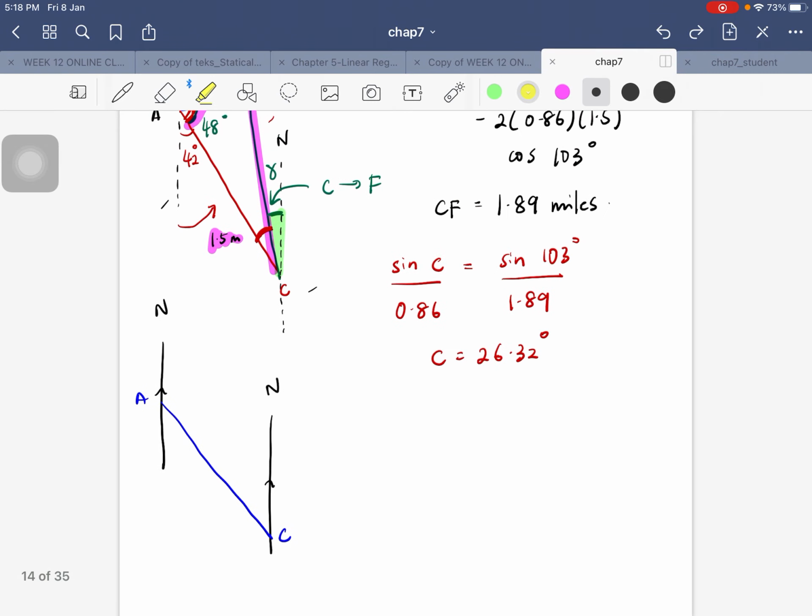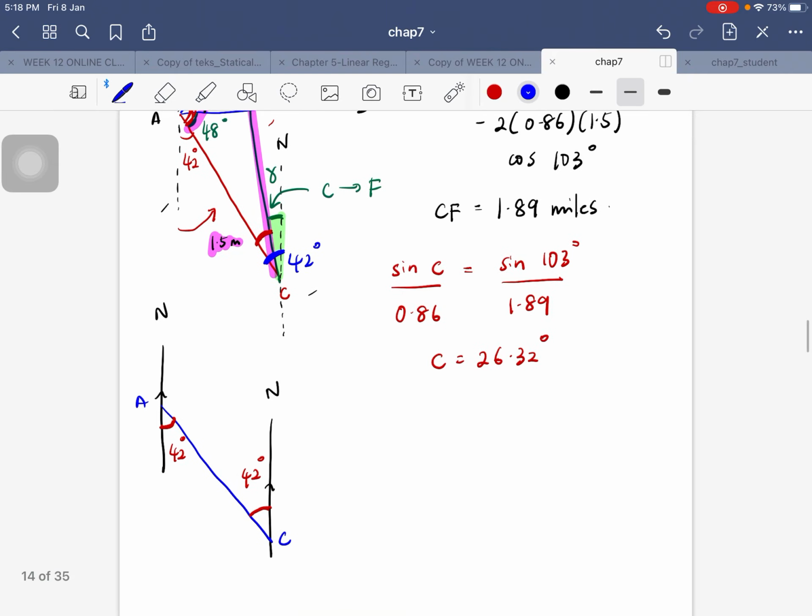Okay, and what we know is that the angle over here is going to be 42 degrees, and according to the rule of parallel lines, when this is 42 degrees over here, this is also going to be 42 degrees. So what I know is that both of these angles, when I add them up together, is going to be 42 degrees.